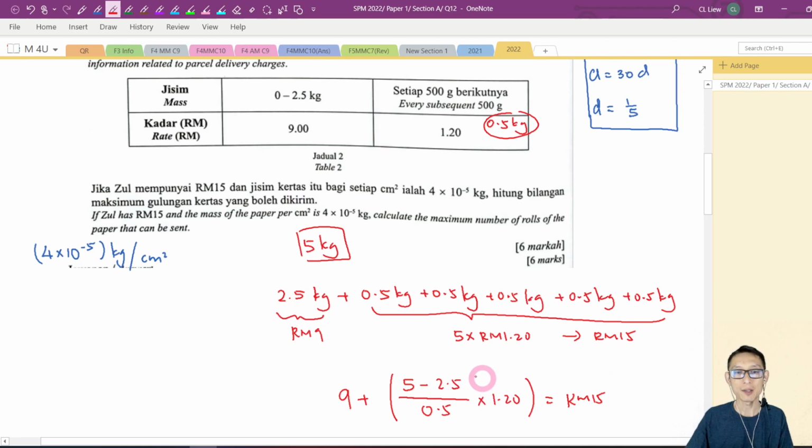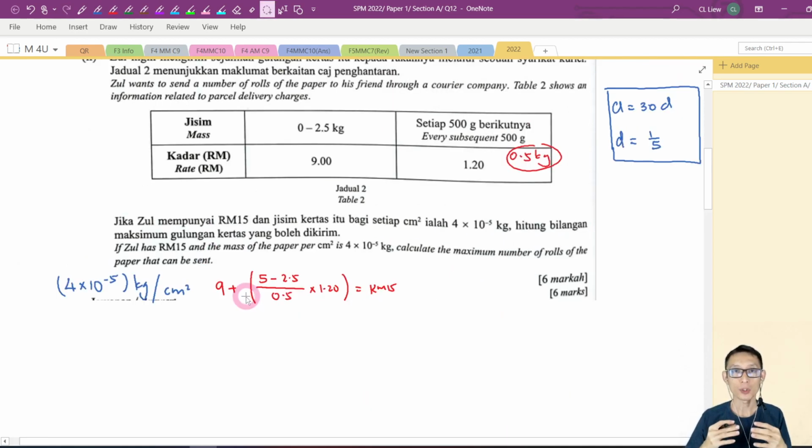So now I am going to use this method to help me to get the maximum number of roll of paper that can be sent. First, I need to know the total area of a roll of paper, because here is given 1 square centimeter will be that weight, right?